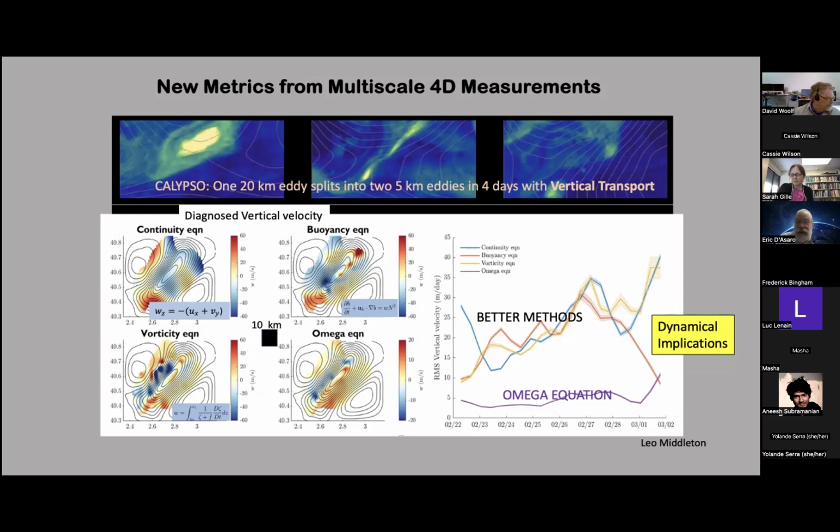There's no question that there's lots of geographical variability. The lowest order theoretical prediction is that the submesoscales are energized by the forward cascade of potential energy.